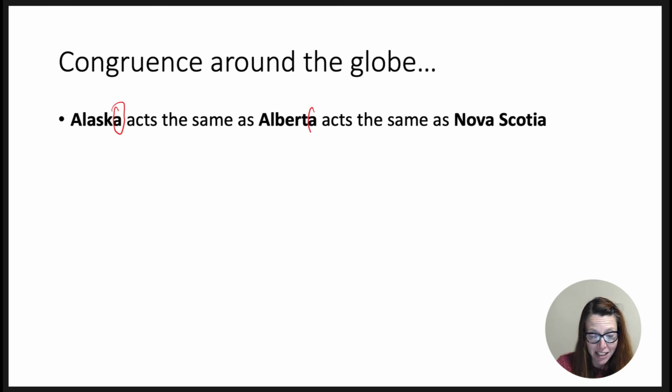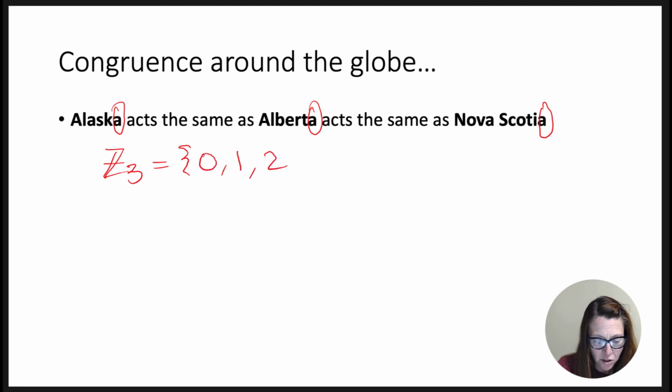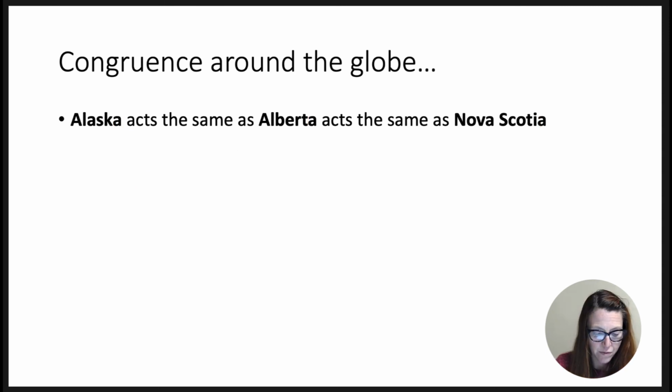And so just as there was congruence around the globe, where Alaska, which ends in an A, acted the same as Alberta, which ended in an A, and acted the same as Nova Scotia, the same can be true of certain numbers when we work modulo another number. So for instance, when we're working modulo 3, we're always going to end up returning one of the numbers 0, 1, or 2.